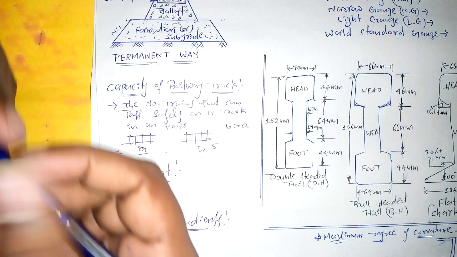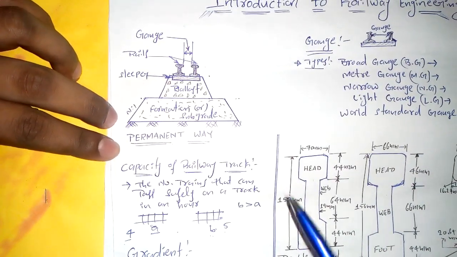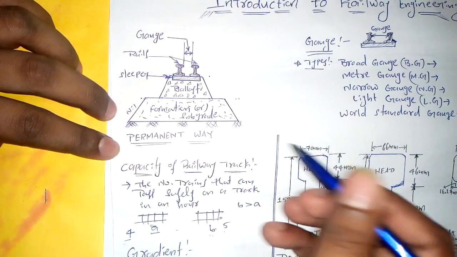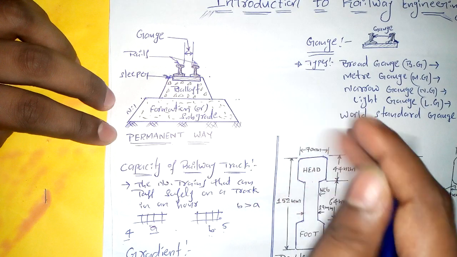Before going further, first we need to understand the components of permanent way. Permanent way is nothing but keeping all components in an appropriate position.